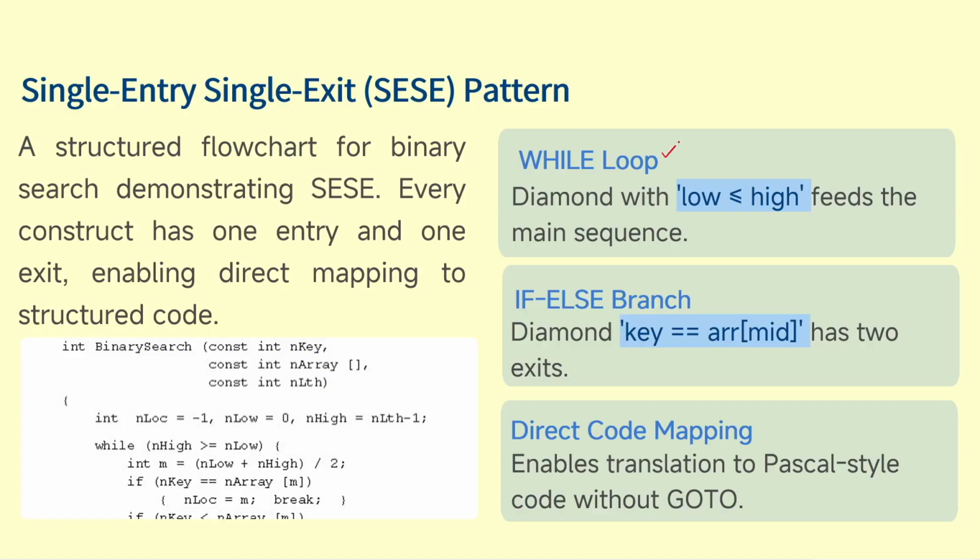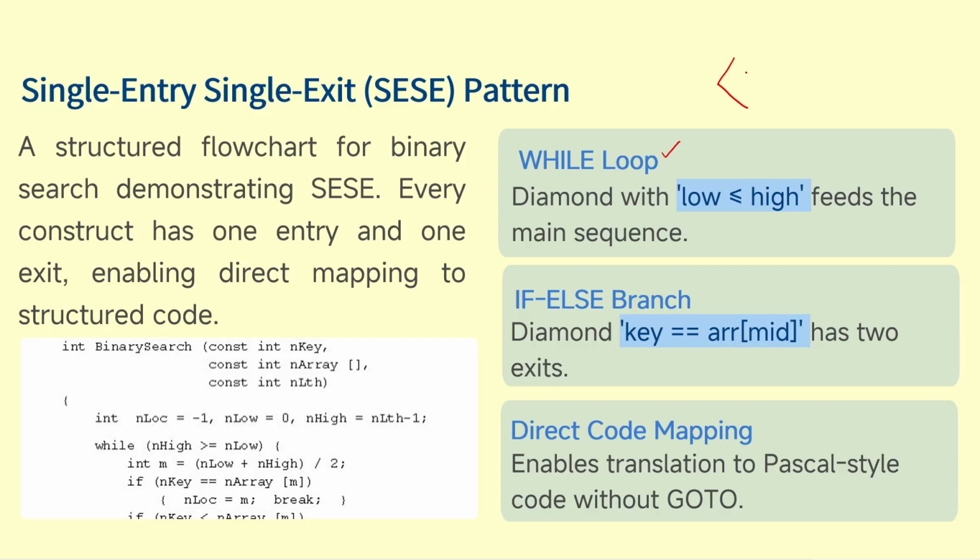Here we have the while loop into consideration. The while loop is normally a decision, and it is not only the while loop. In this example we have two decisions, the while loop and the second one, and they both are considered as a diamond, which is the structure with which we do the decision.